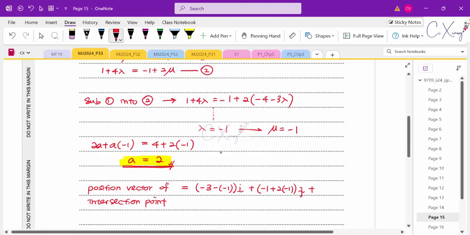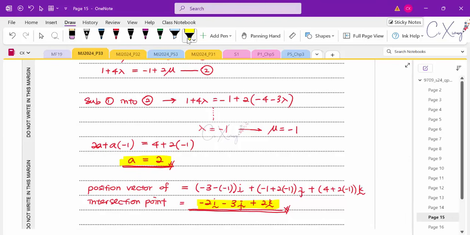And after that, 4 plus 2 mu. Then if you try to simplify it, you'll be having -2i, then minus 3j, and also plus 2k. So this is basically how we get the position vector of the point of intersection.